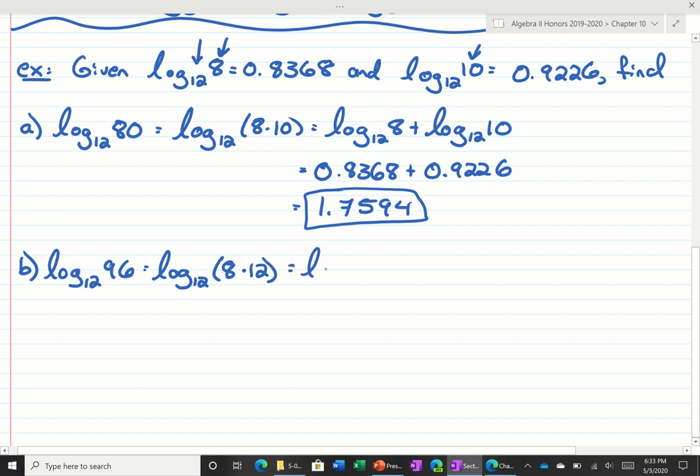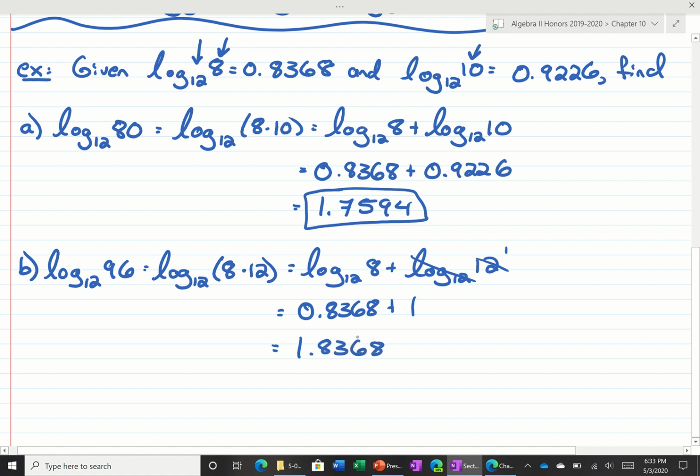So again, we have a product property: log base 12 of 8 plus the log base 12 of 12. Log base 12 of 8, I told you, was 0.8368. Log base 12 of 12, well, that's an inverse property. You don't just get nothing. Remember, it's the power, right? So that's 1. So the answer for this would be 1.8368.